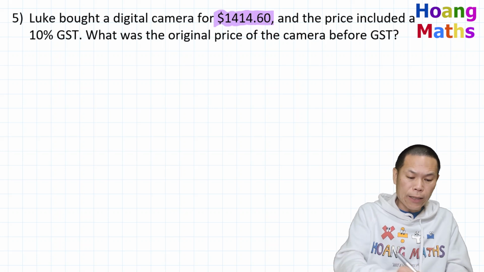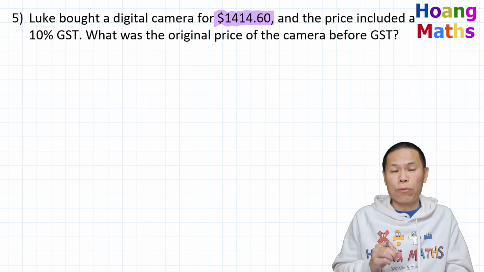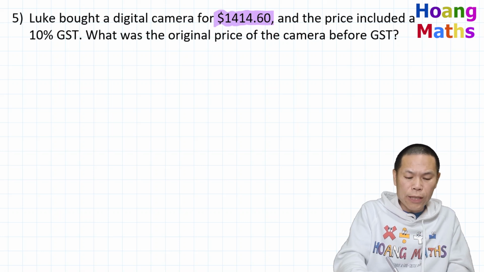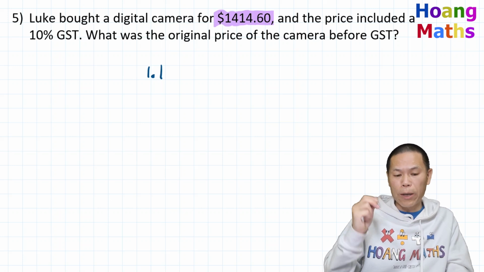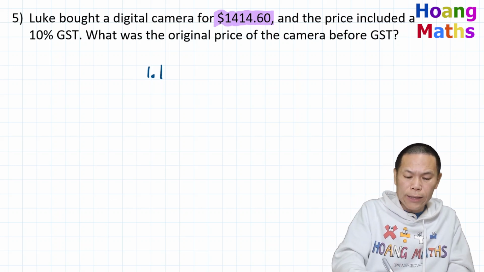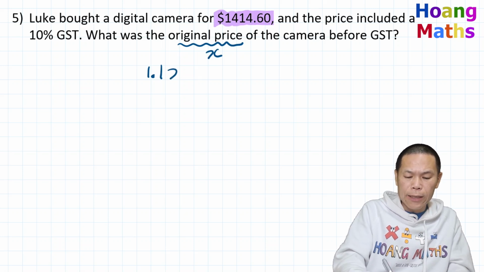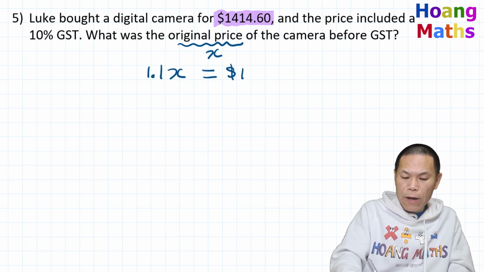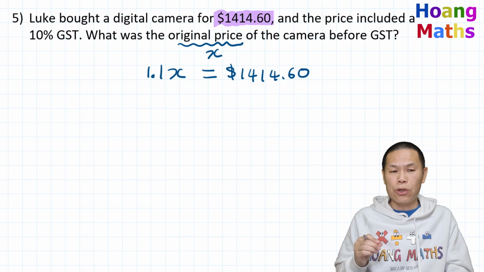So this means that we pay 110% of the original price. 110% means 1.1, because 110 over 100 gives 1.1 of the original price. So let's say the original price is X. So 110% times X will give me 1414.60. Of course, you can do any method you like.